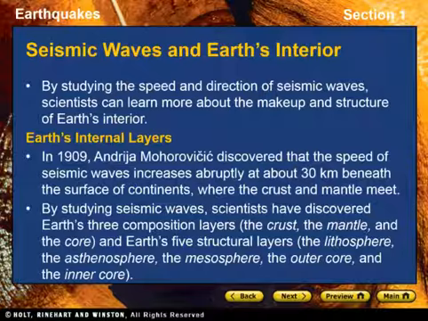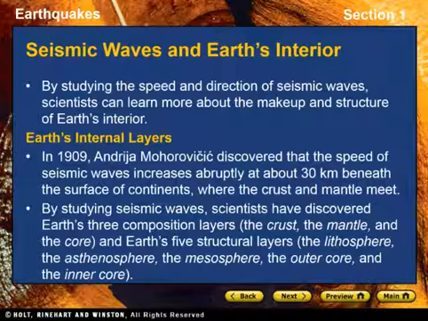But Moho discovered that the speed of seismic waves increases abruptly at about 30 kilometers beneath the surface of continents. Now, 30 kilometers beneath the surface of continents, that's where the crust and the mantle meet. And so what Moho was able to say is, hey, when this seismic wave goes from traveling through the crust to traveling through the mantle, the speed of the seismic wave really picks up. It increases significantly and suddenly.